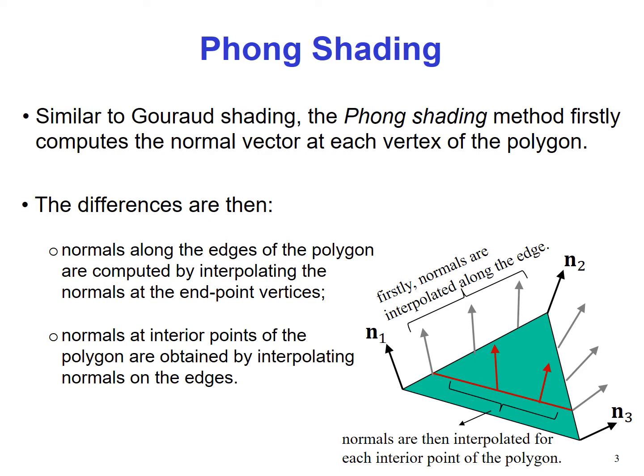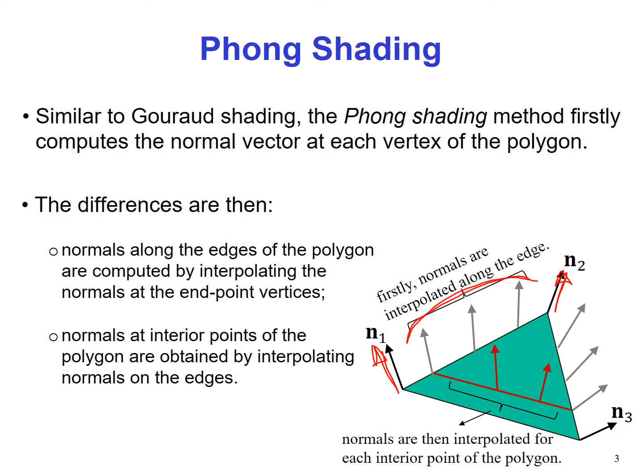Similar to Gouraud shading, the Phong shading method firstly computes the normal vector at each vertex of the polygon. The differences are then the normals along the edges of the polygon are computed by interpolating the normals at the endpoint vertices. So we would interpolate the normal at this vertex and the normal at this vertex to get these normals.